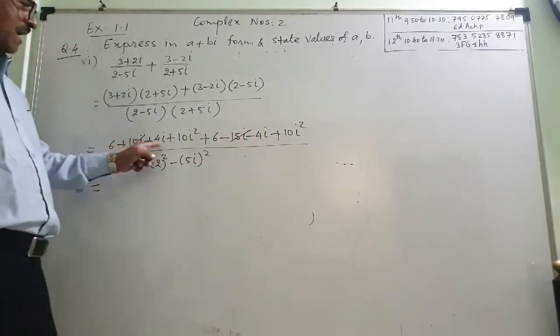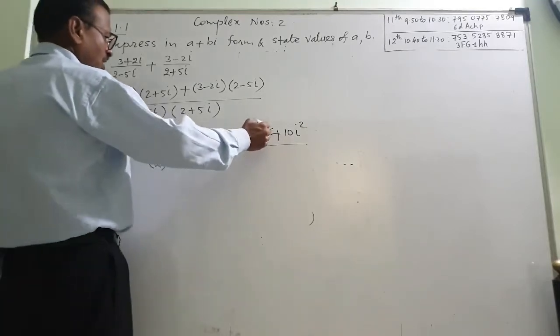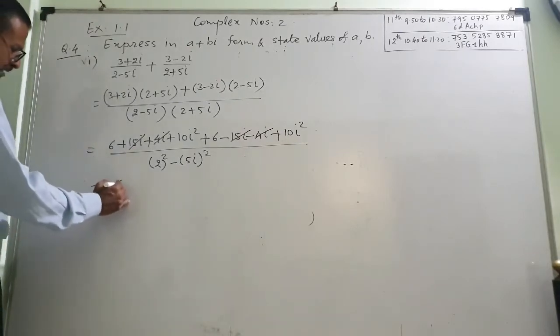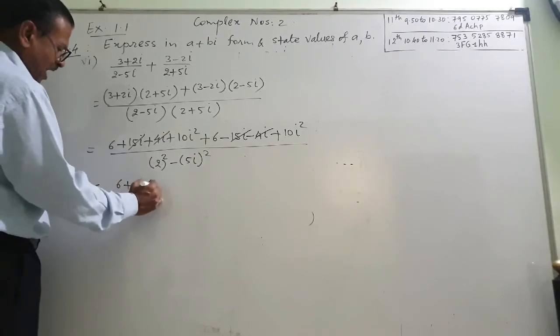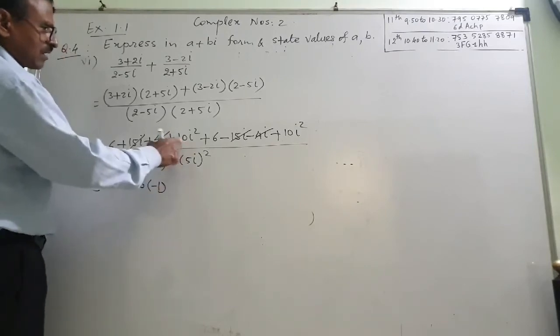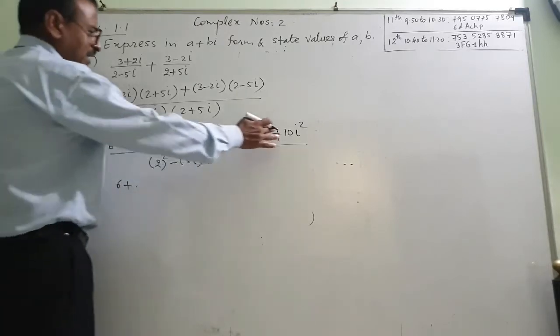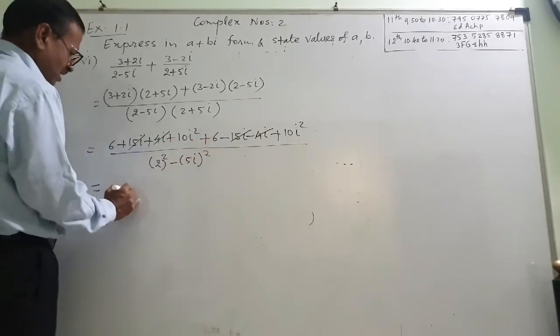This 4i and this minus 4i will cancel. Why wait? Now this is 6 plus 10 into i square, meaning minus 1. Or otherwise I will do this directly. 10 plus 10 is 20. This 6 plus 6 is 12.